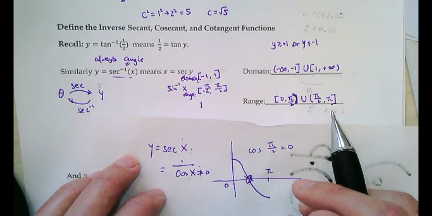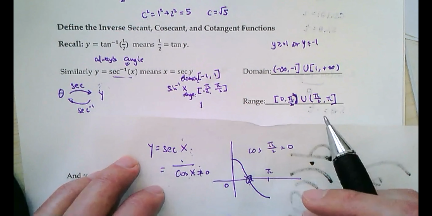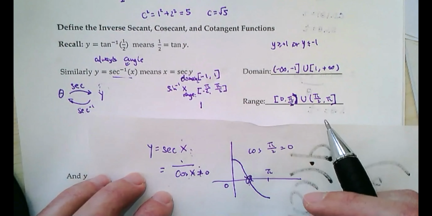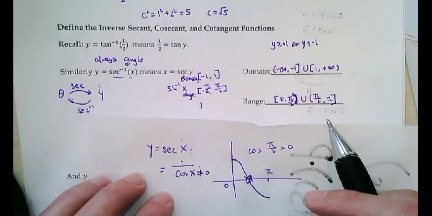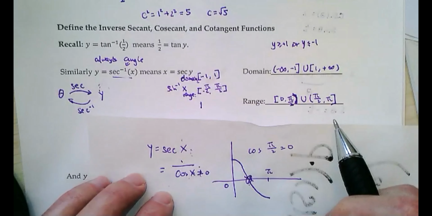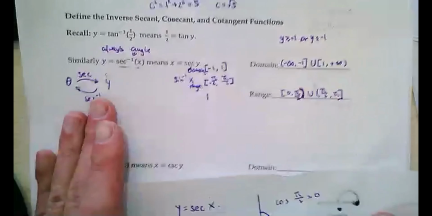Okay. Anyone has any question? Feel free to ask. Are we going to be graphing the inverse of secant? I don't think so. I don't think you need to graph that.